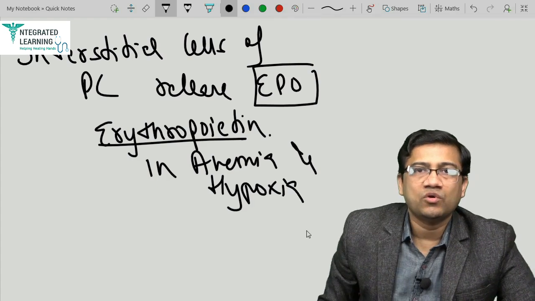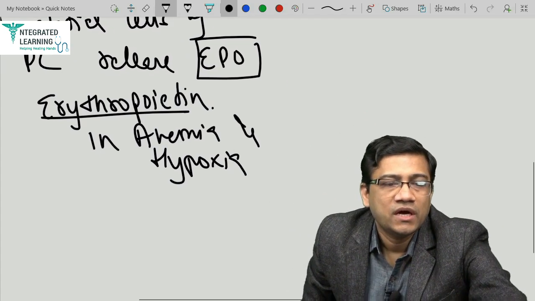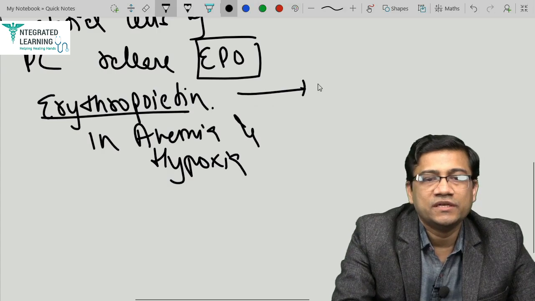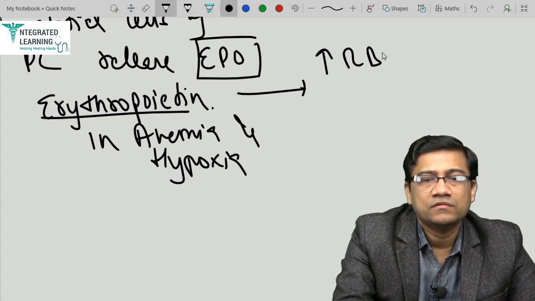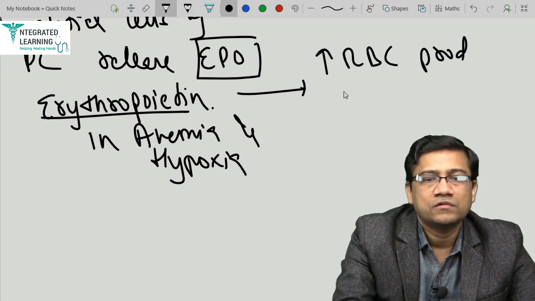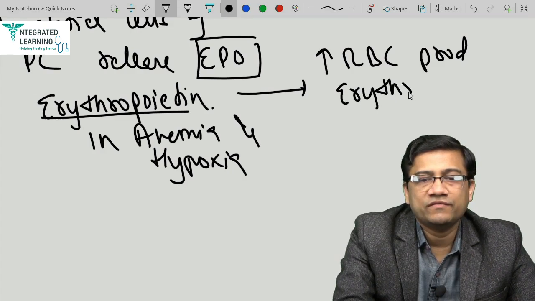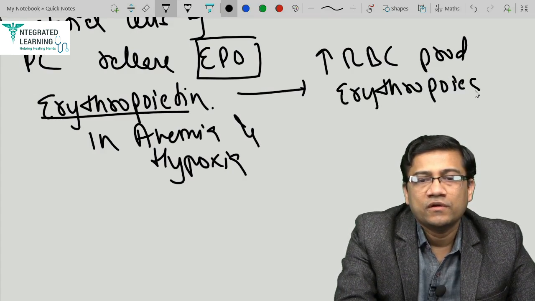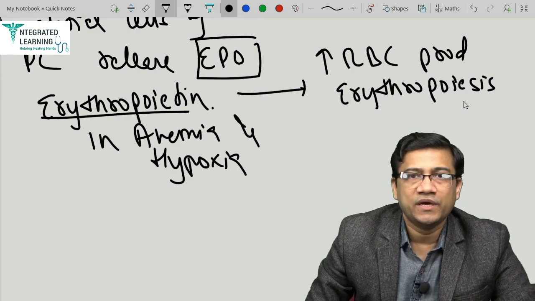And what does this hormone do? Obviously it causes erythropoiesis, that is increased RBC production. So it's a very important hormone which corrects the anemias and hypoxias.